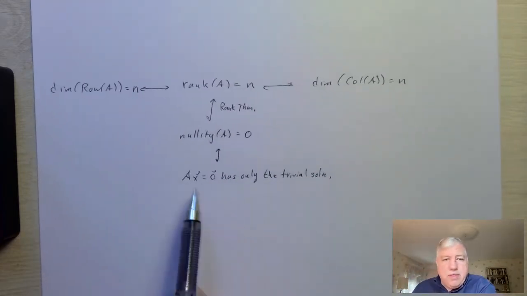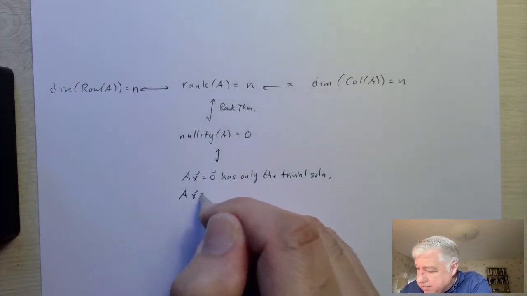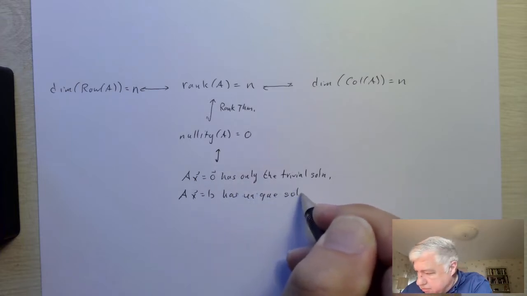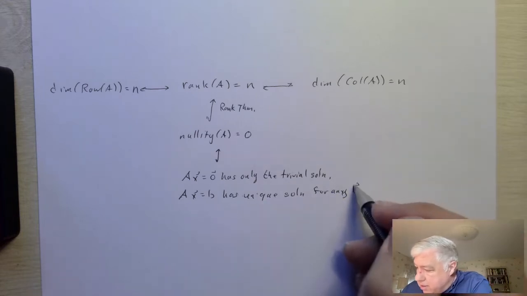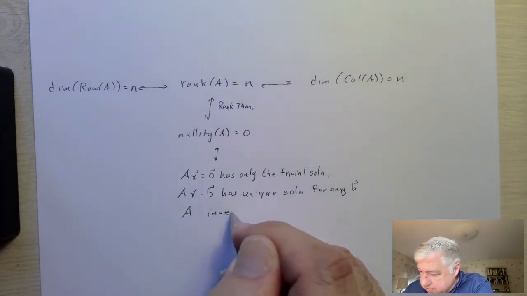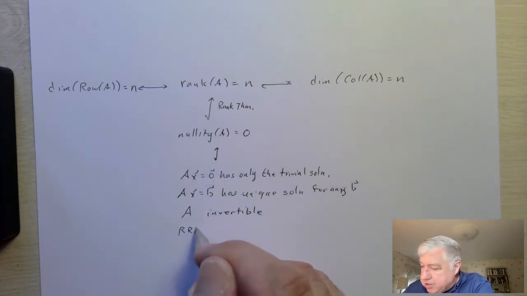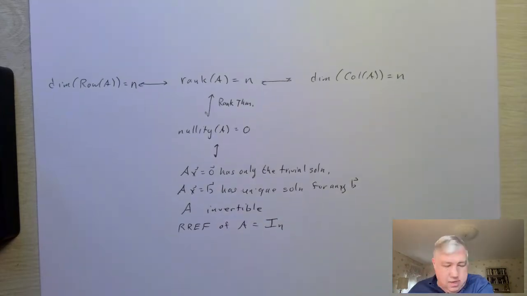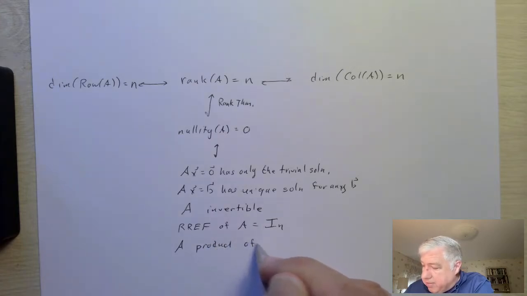Well, we know that this statement from version 1 is equivalent to 4 other statements. Namely, that AX equals B has a unique solution for any B. We also know that A is invertible, which also implies that the reduced row echelon form of A is equal to the identity matrix, and A is the product of elementary matrices.